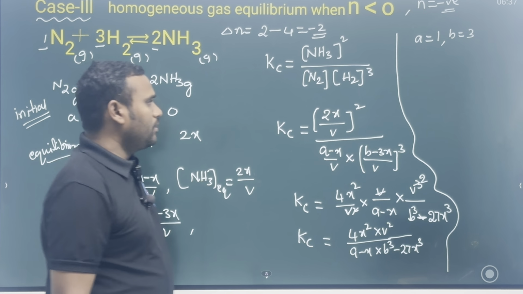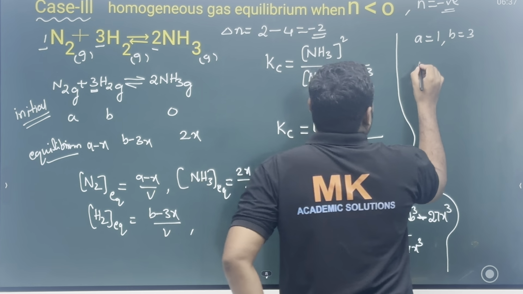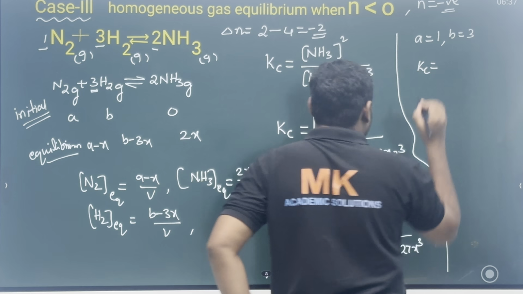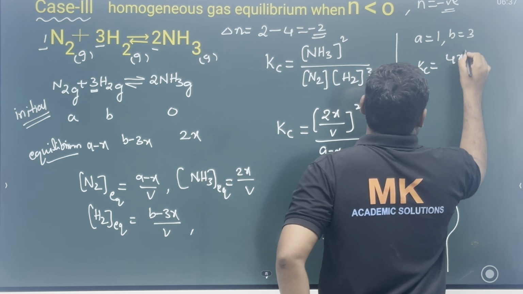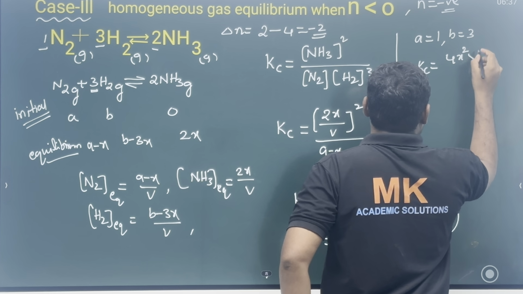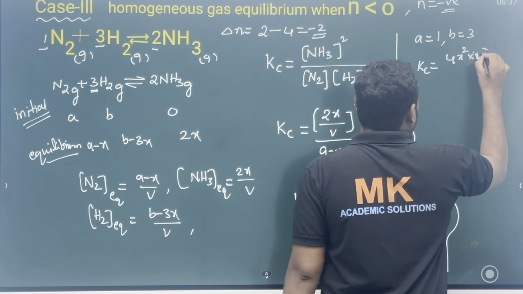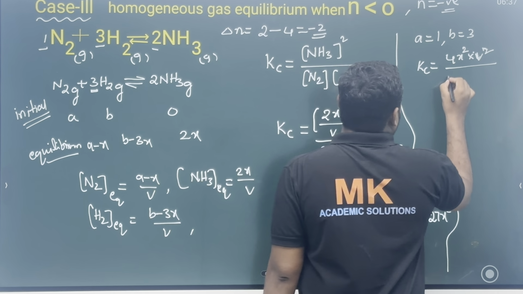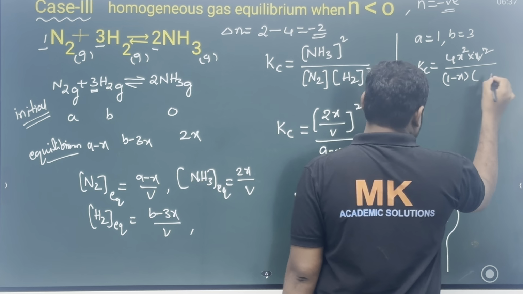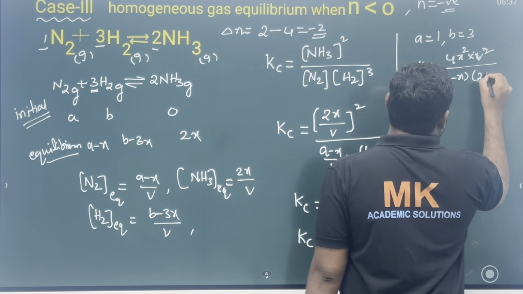So if a is equal to 1, b is equal to 3, then Kc is equal to 4x squared into V squared by (1 minus x) into b cube, where b we consider 3, so 27 minus 27x cube.